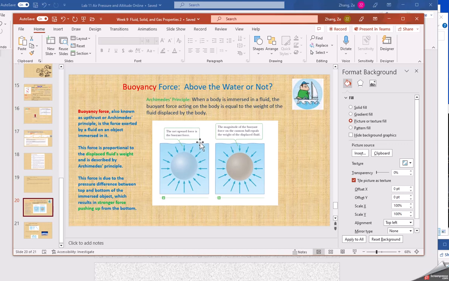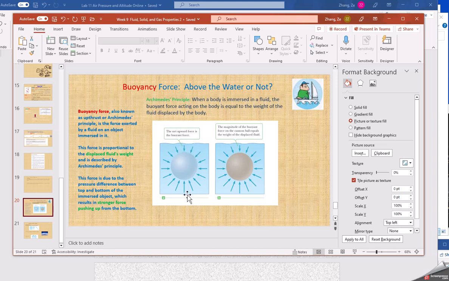Imagine the pressure in the liquid is isotropic, which means the same in all directions, but it depends on the height. Imagine this water ball: at the bottom, as we go deeper, there is high pressure, so the force is perpendicular to the surface. But going up, the pressure is lower, so the force pressing down is weaker.